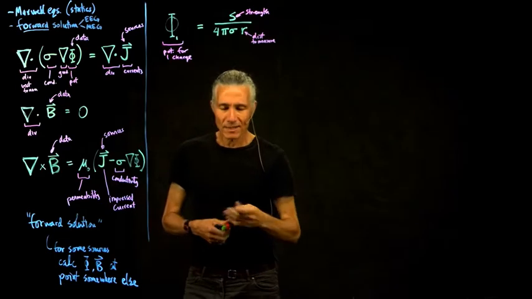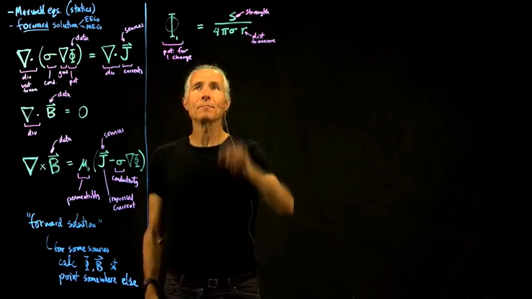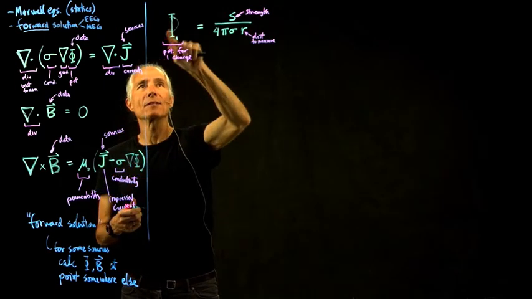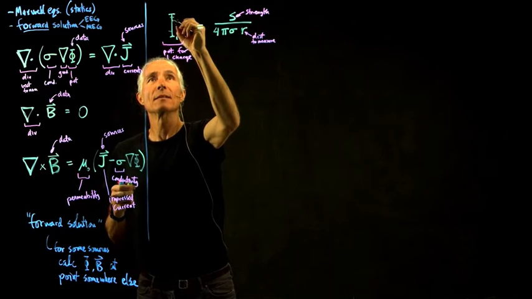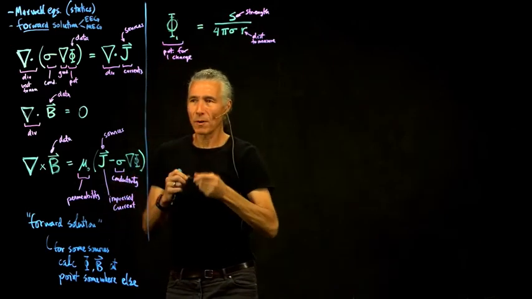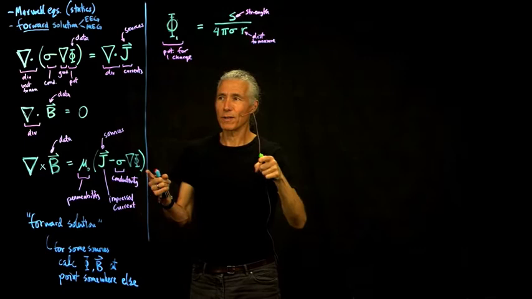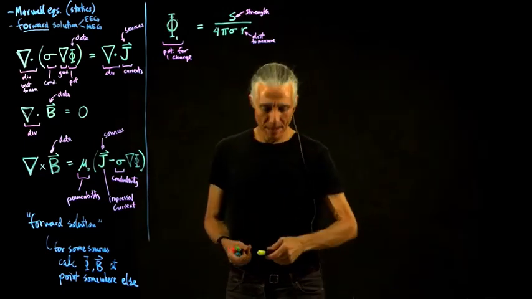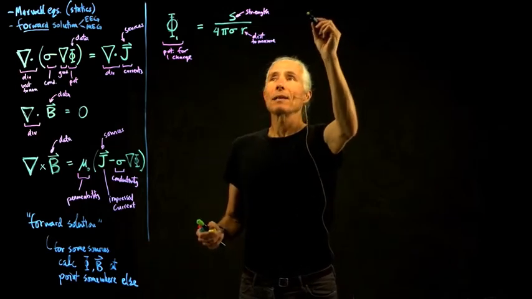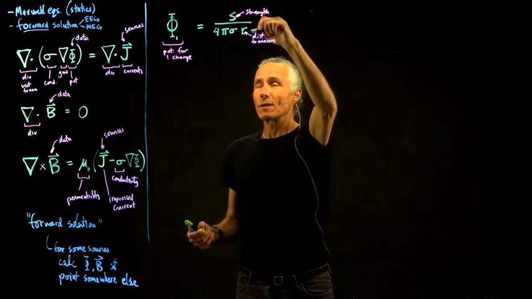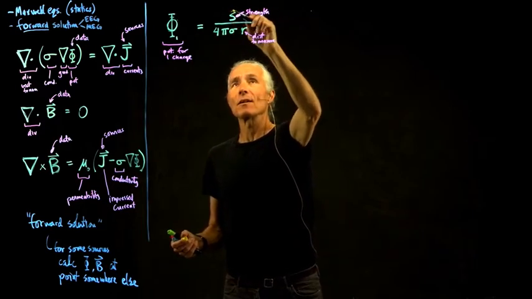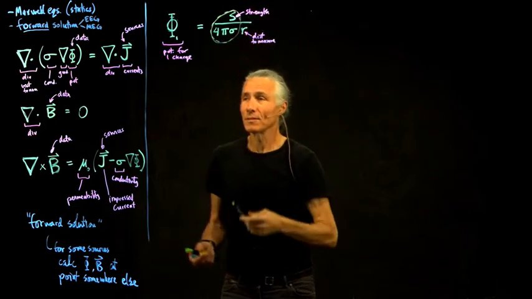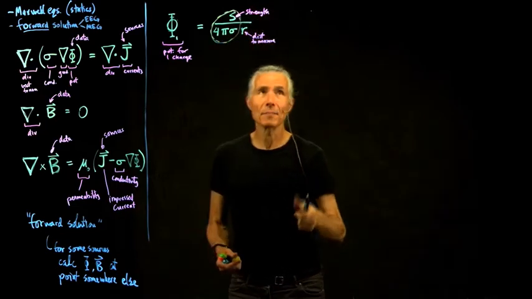So what does that look like? This describes our potential or voltage, though not at each point. It just describes it for a pair of points, where the charge is and where you're measuring. But what if we plot it out for a whole bunch of points? If you plot basically 1 over r, because these things are all constants, so this boils down to 1 over r if you're plotting it in MATLAB.